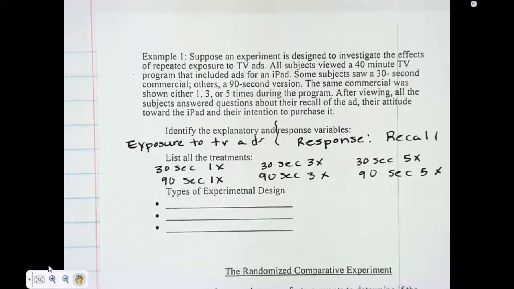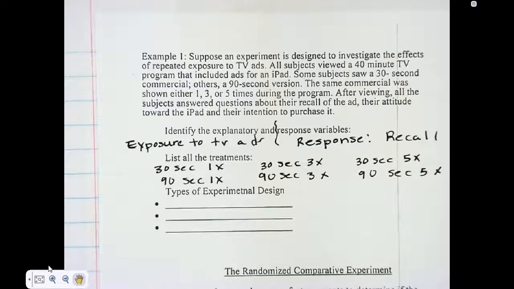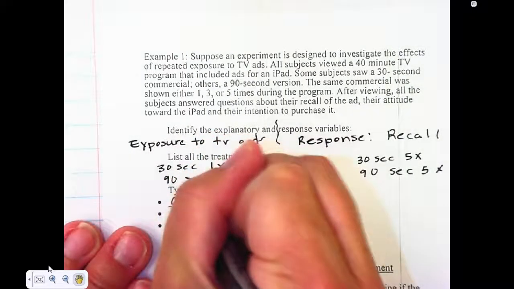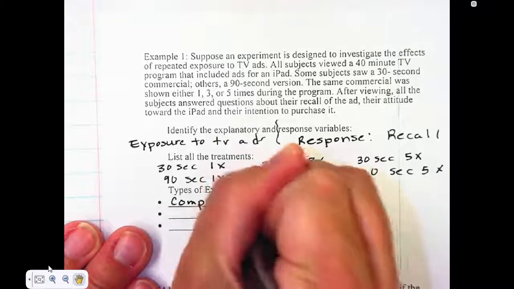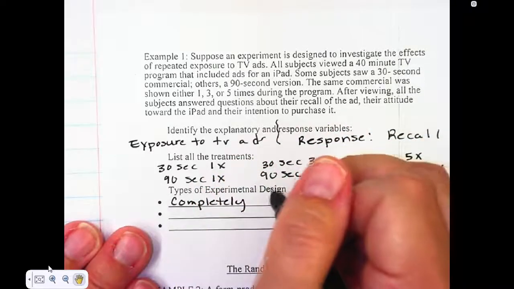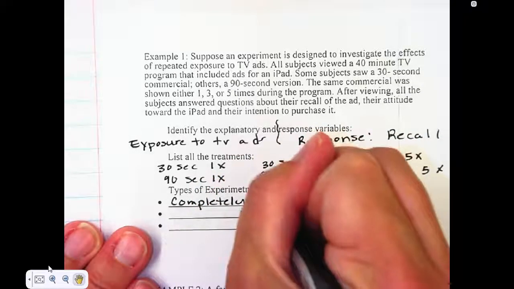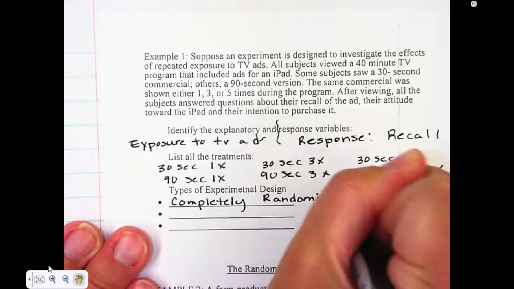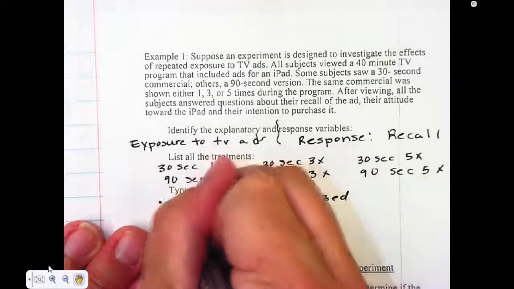Now, the last thing we're going to talk about today, we're just going to finish up talking about the types of experimental design. Well, one we've pretty much gone over. That's the completely randomized design. The next type of design is the experimental block.